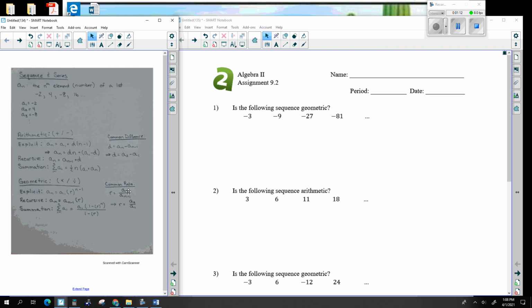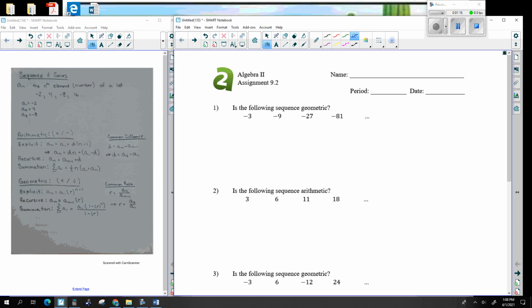How we determine that: for a common difference in arithmetic, we took A2 minus A1, long story short. In a geometric, a ratio would be A2 divided by A1. That's a quick and dirty way of getting what this ratio would be.